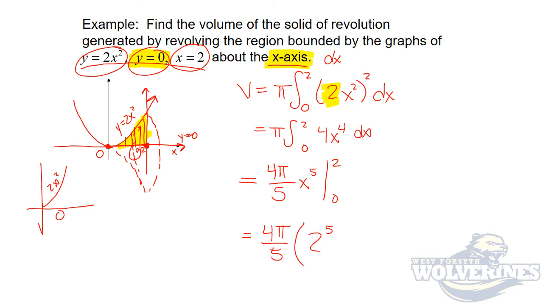Pull that over to the side and then deal with your fundamental theorem bit, your f of b minus f of a. 2 to the 5th power is 32. That's just 4 pi over 5, for those of you playing along at home. And 32 times 4, let's see, 32 times 2 is 64. 64 times 2 is 128. So this is going to be 128 pi over 5.